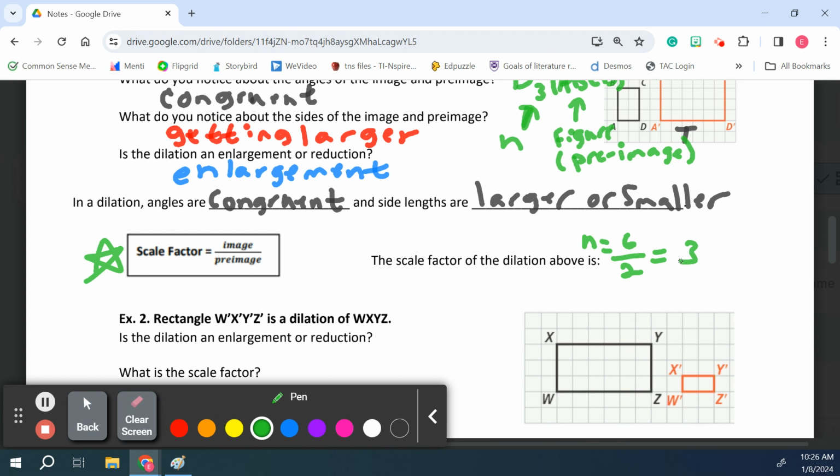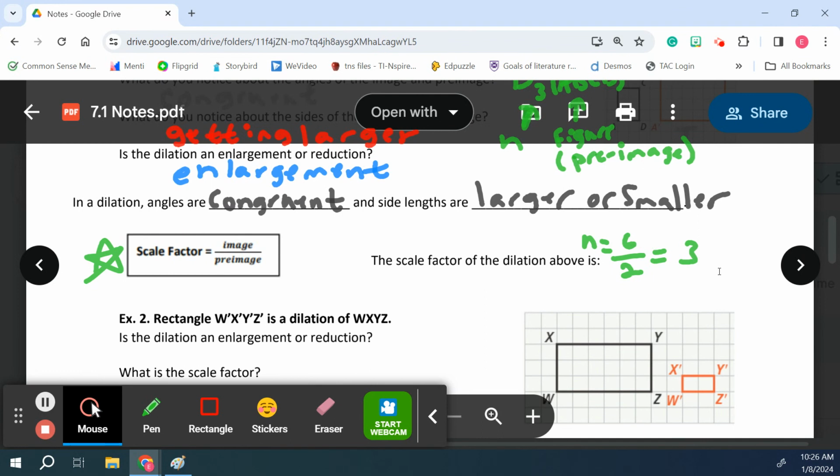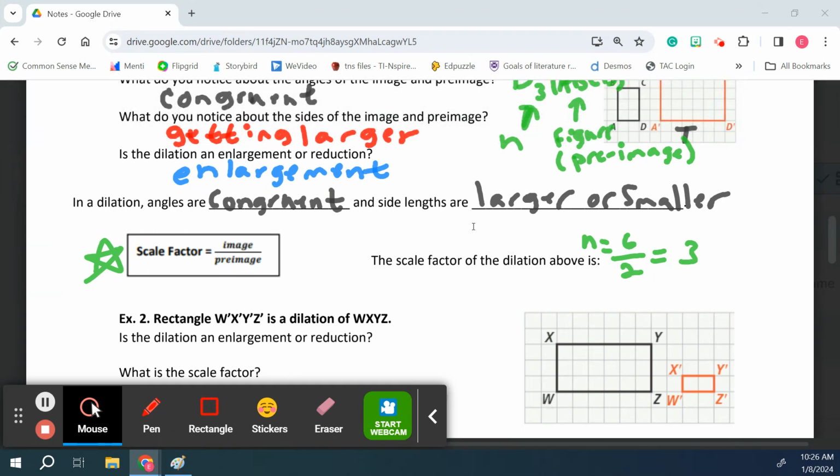So that's where the n comes from. Anybody still writing? Or any questions on this before we move on?